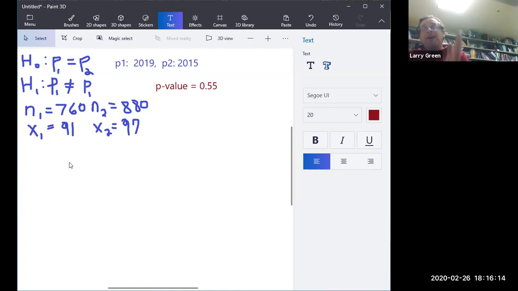And again, 0.05 is kind of the general line that if it's less than 5% chance, you're going to say that's too rare to happen and we reject. But 55% is never going to be too rare.